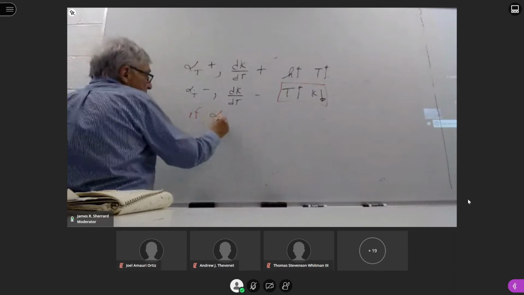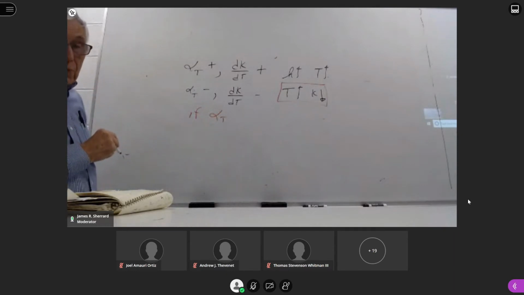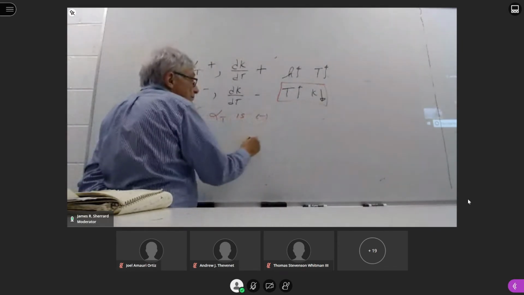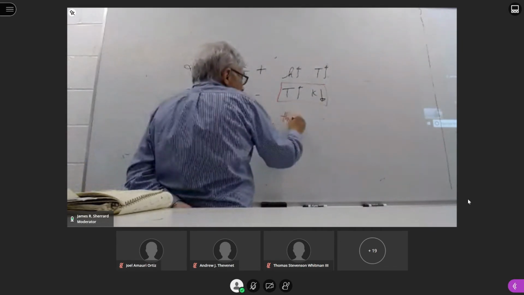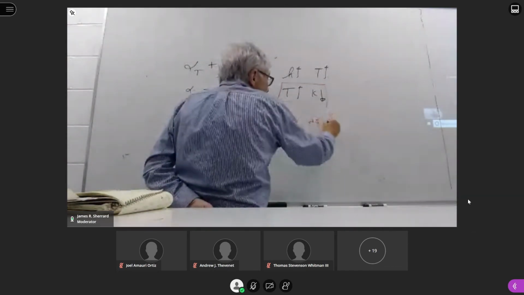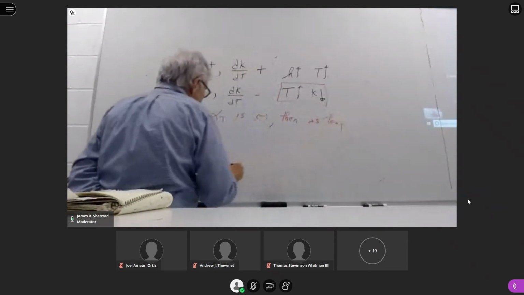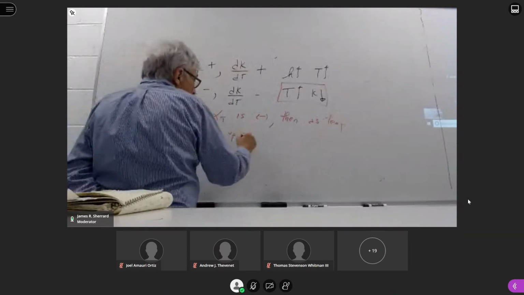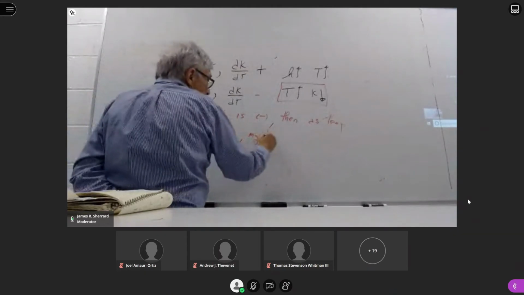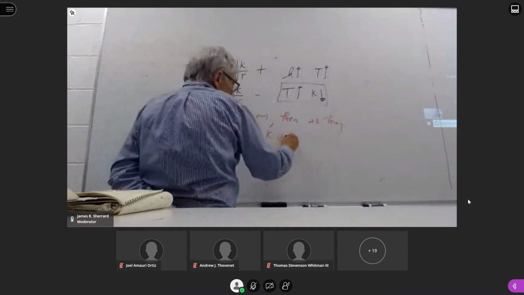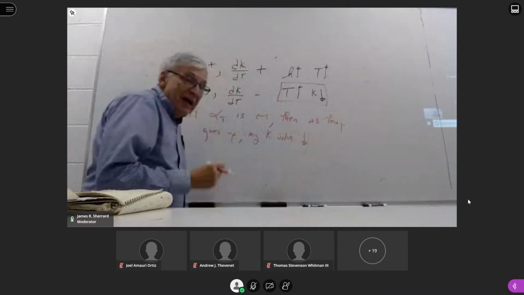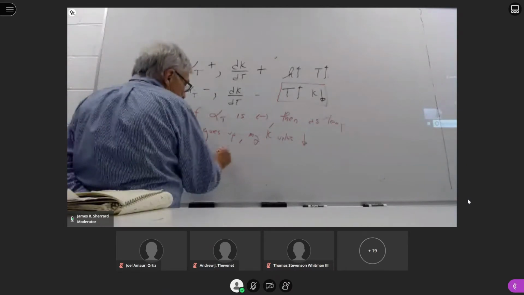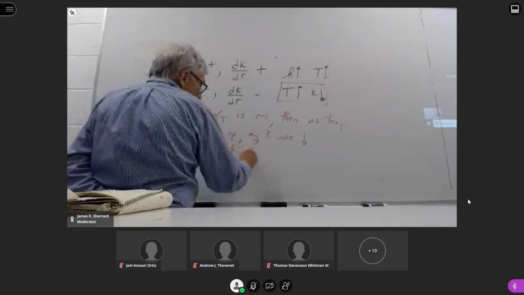If the temperature coefficient for reactivity is negative, then as the temperature goes up, my K value goes down. So this is self-regulating.